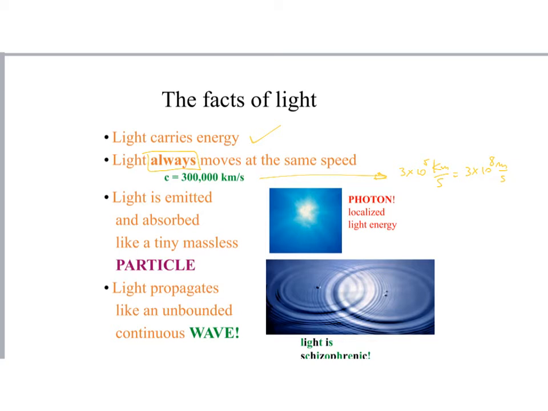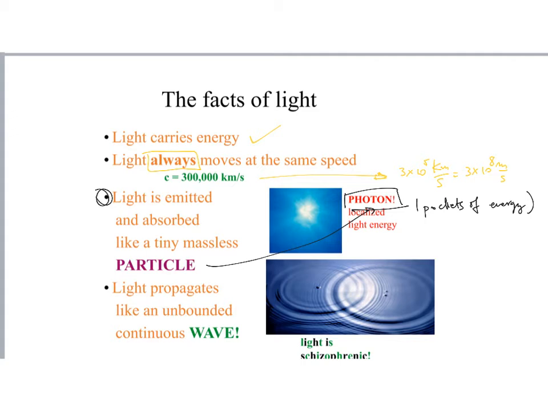There are two more interesting facts about light. Okay, so one is light is emitted and absorbed like a tiny massless particle, and that is the photon. Right? That is the massless particle. So there is a bunch of photons, basically like pockets of energy, so localized light energy.